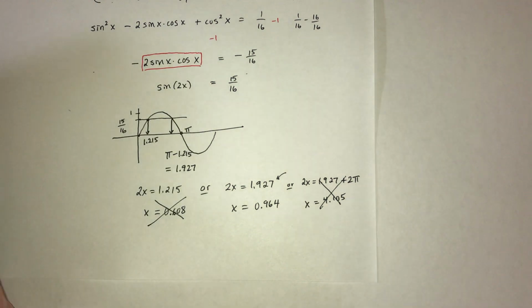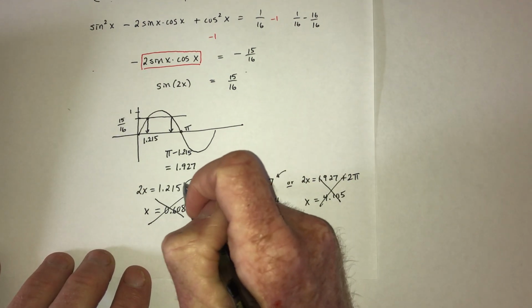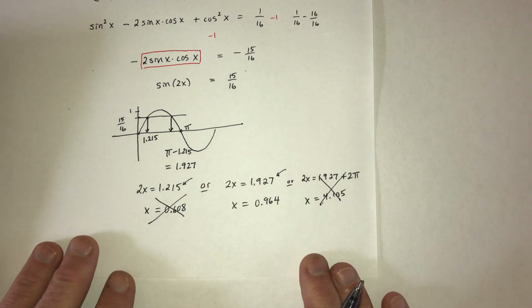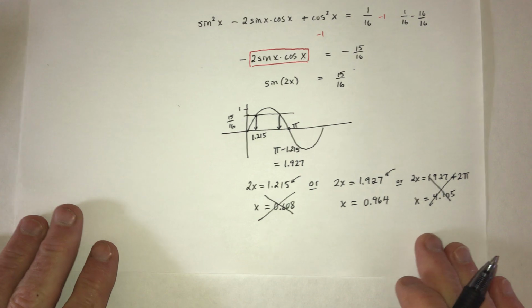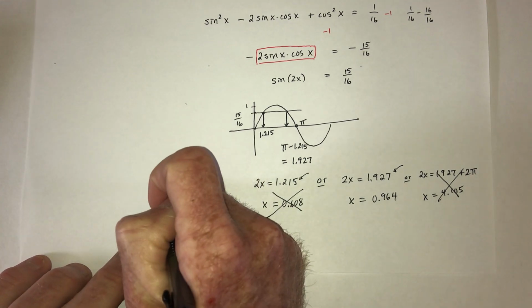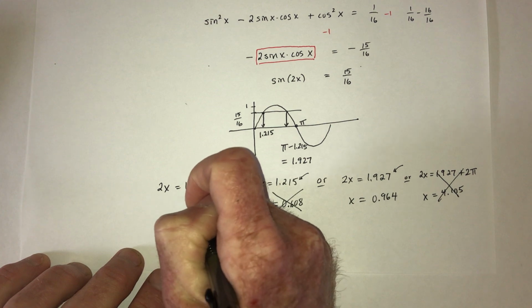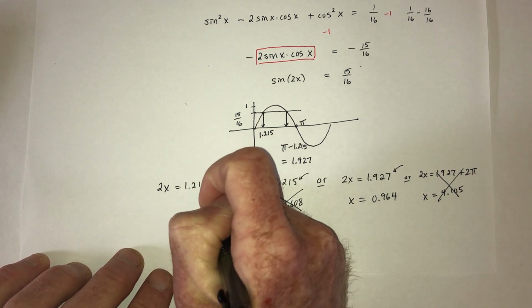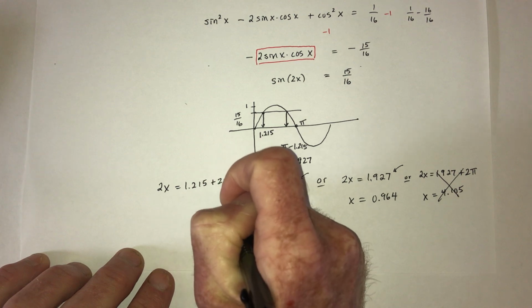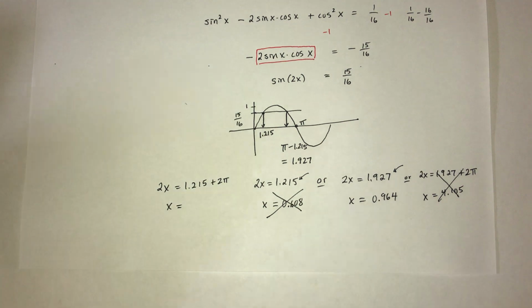It's okay, I'm showing you perseverance. So it must have been that I should have taken this one and added on 2 pi. Now I need some more space. So 2x equals a 1.215 plus a 2 pi, and then divide by 2.